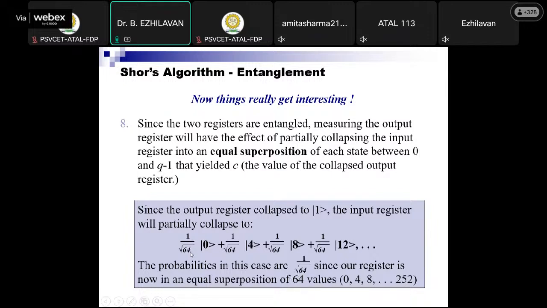So we have 1 by square root of 64 times state 0, plus state 4, plus state 8, plus state 12, similarly till the end.